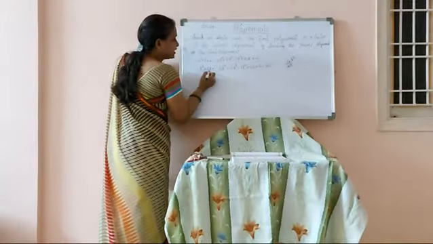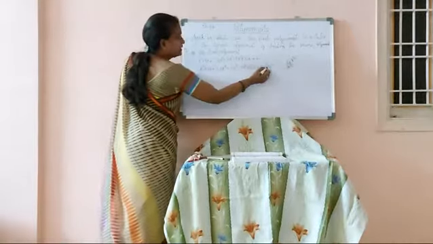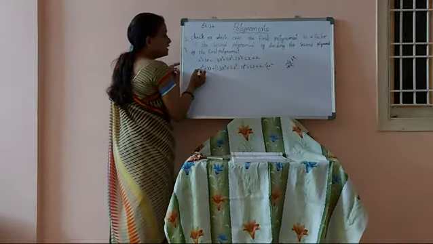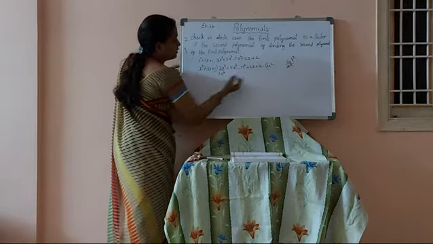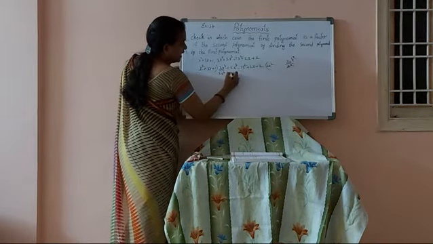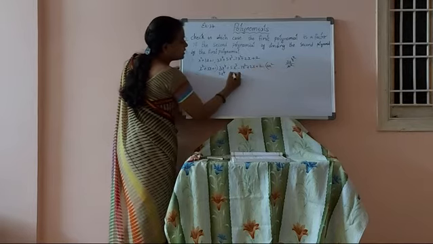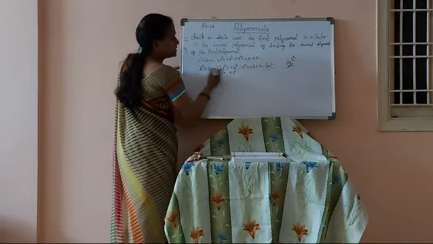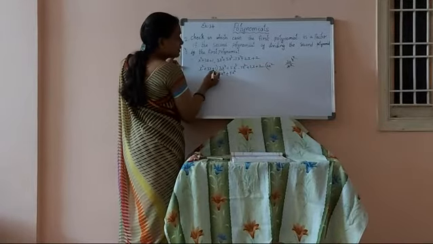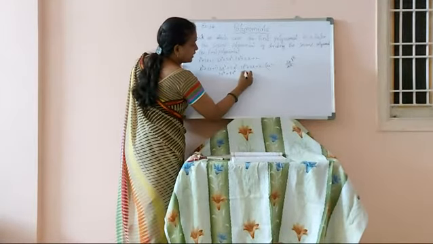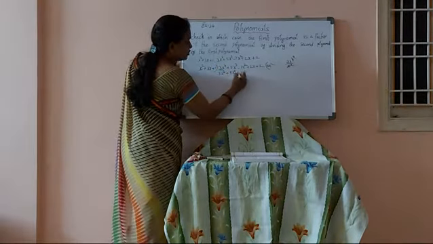Multiply each and every term with this 3x square. 3x square into x square, 3x power 4. 3 into 3, 9, x square into x, x cube. Plus into plus, plus only. 3x square into 1, 3x square. Plus into plus, plus only.